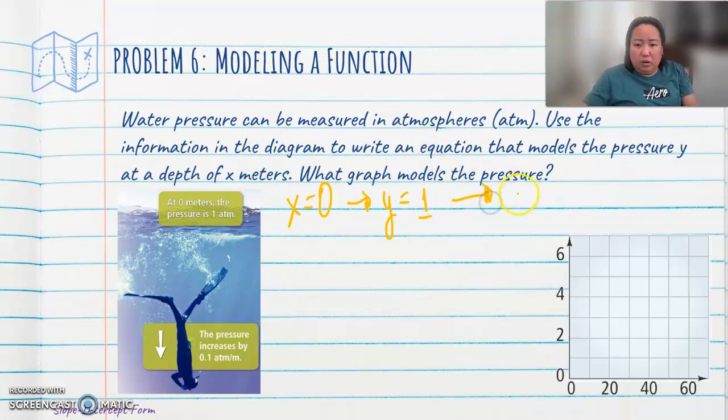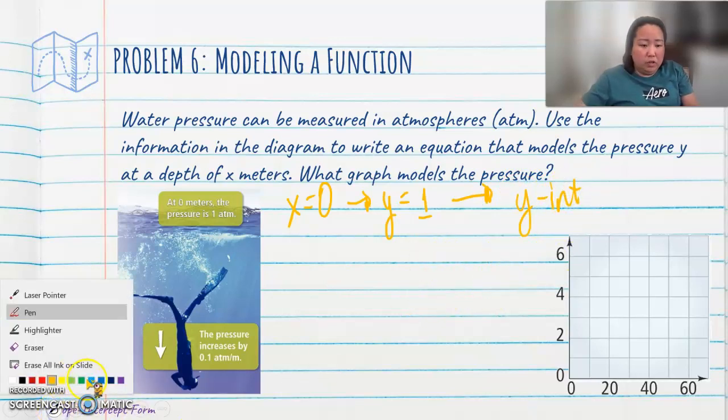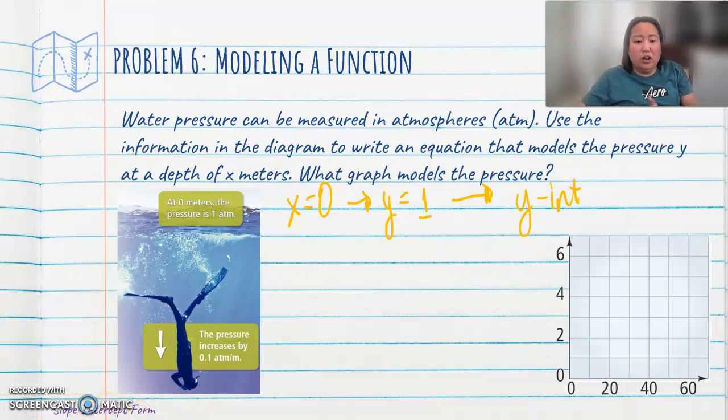So this is already your Y-intercept, okay? And then what will be your slope? Now remember, your slope is your rate of change. How much change happens every time. So the pressure increases by 0.1 atmosphere for every meter. So because that's a rate in there, then we know that the slope is positive 0.1.